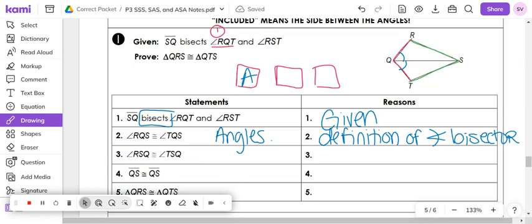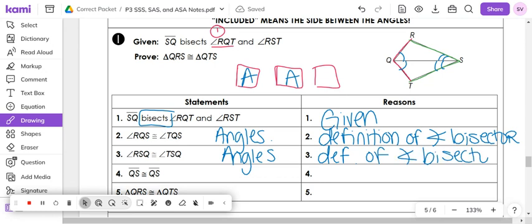Okay, so that's what we're using as our definition. Similar situation, we know that RSQ, so this is our second pair of angles, is congruent to TSQ. So again, that's the same thing. We have another pair of angles here, and it's again definition of angle bisector. Okay.